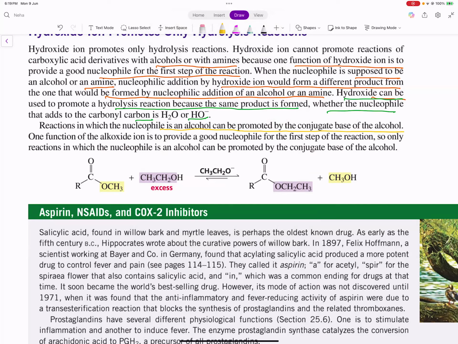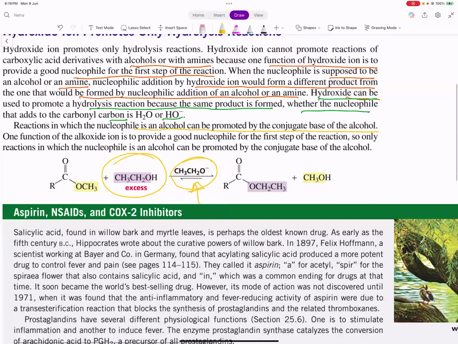So if I'm using CH3CH2OH, I can use CH3CH2O minus, because this again is a good nucleophile. As compared to ethanol, ethoxide ion is a better nucleophile, right? So that is what they are telling you.